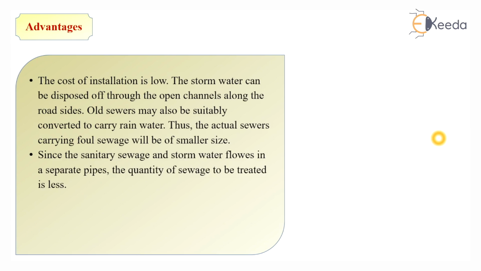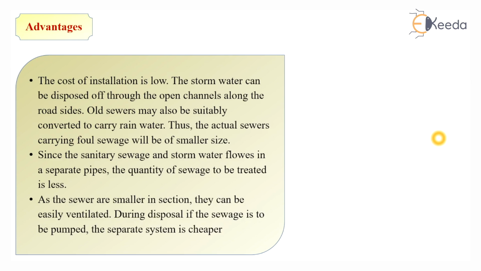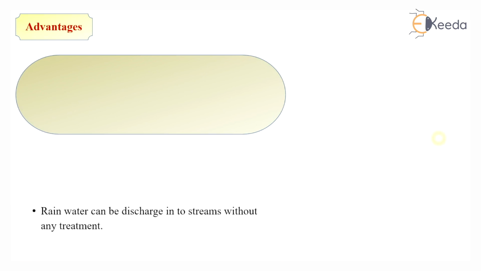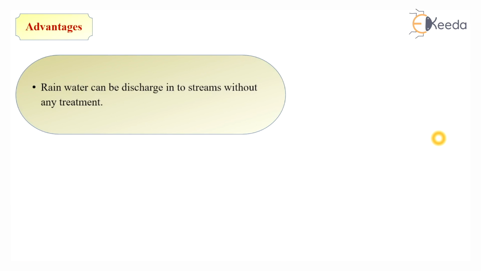Since the sanitary sewage and stormwater flow in separate pipes, the quantity of sewage to be treated is less, so ultimately it will reduce the load on treatment plant. As the sewers are smaller in section, they can be easily ventilated. During disposal, if the sewage is to be pumped, the separate system is cheaper. Rainwater can be discharged into the stream without any treatment.